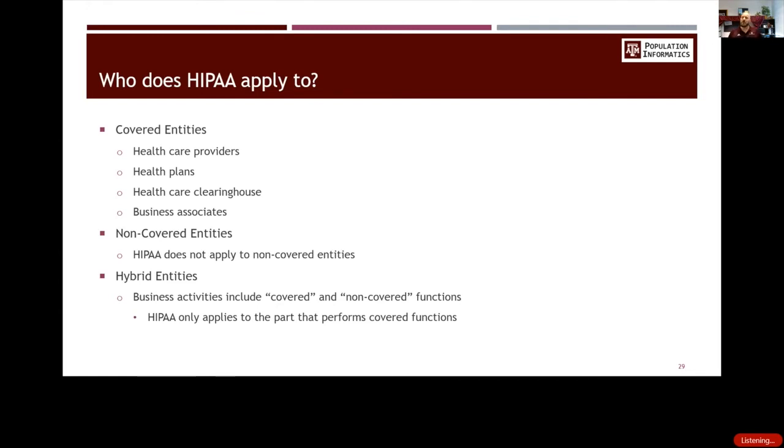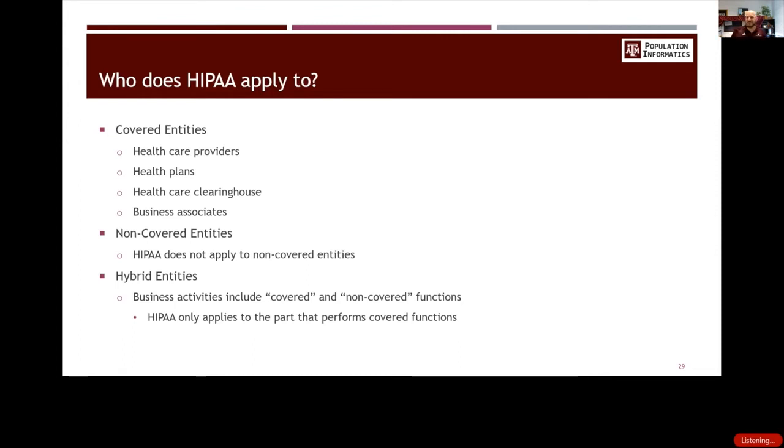Now, there is something called a hybrid entity. This is often a large organization that does some things that are covered and some things that aren't covered. So you might think of a large university. You better believe that the student health services at that large university are providing healthcare services. That is a covered activity, right?